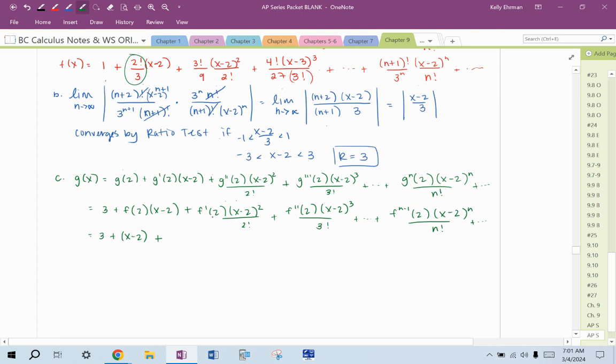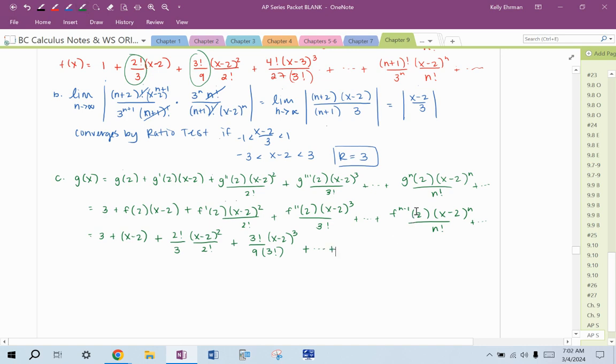So f prime of 2 was 2 factorial over 3 to the first times x minus 2 squared over 2 factorial. Those will cancel. The second derivative was 3 factorial over 9. There's an extra 3 factorial down there and an x minus 2 to the third. 1, 2, 3, 4 terms we have, plus 0, that's a dot dot dot.